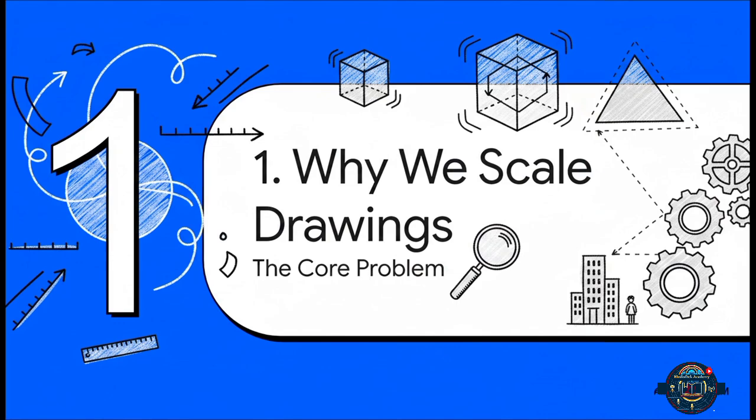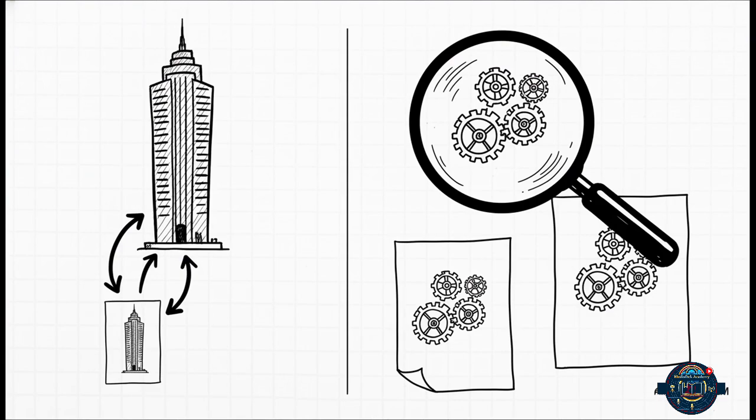So, first things first, why do we even need to do this? I mean, why not just draw everything its actual real life size? Well, it really comes down to one simple thing: practicality. Think about it. A building is way too big for a piece of paper, so we have to reduce it.